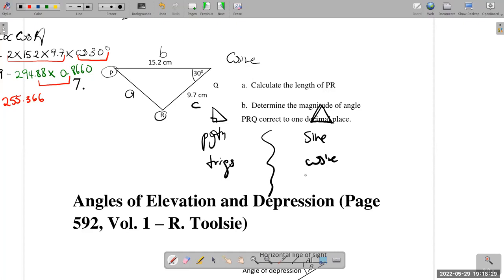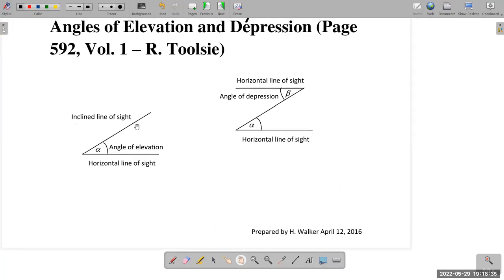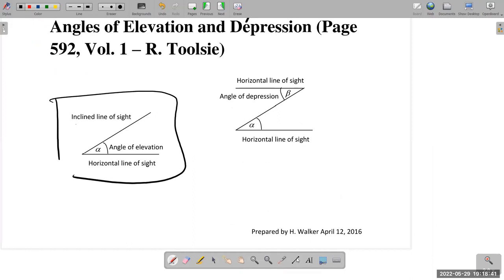tomorrow. Quickly, not fast. All right, so let's get into angles of elevation. The truth is, you see this image in your mind, you have to remember it. If it's angle of elevation, you're starting from the baseline. It's always in relation to a horizontal line. It does not matter. It's always in relation to a horizontal line. So if it's the angle of elevation, you're going upwards from the baseline.